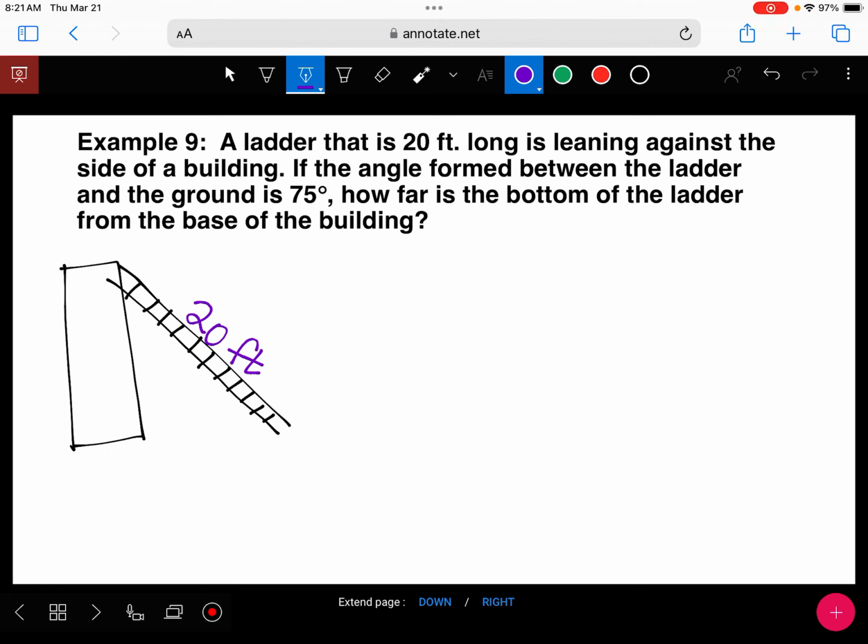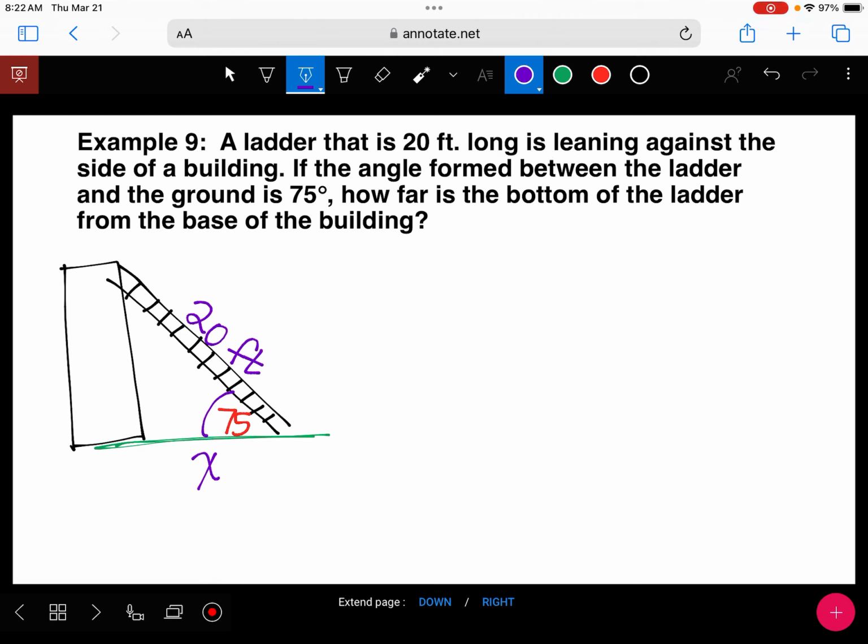The angle formed between the ladder and the ground, not the ladder and the building, but the ladder and the ground. So that would be here, is 75. And they want us to know how far is the bottom of the ladder from the bottom of the building. So I would put my X here.